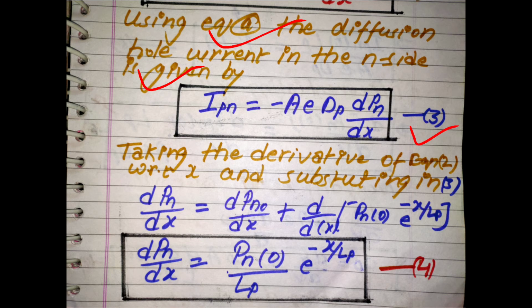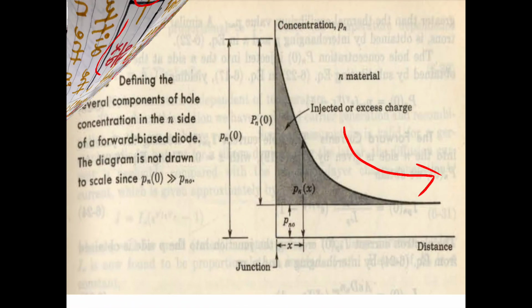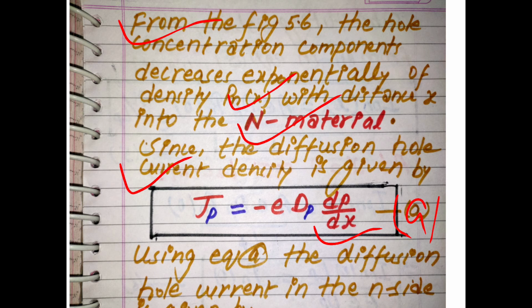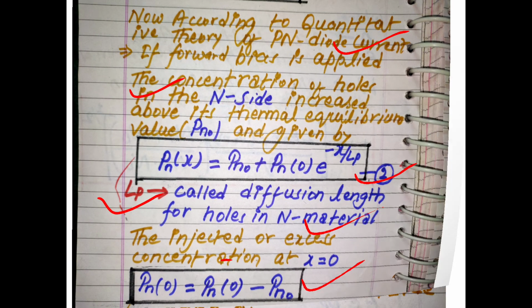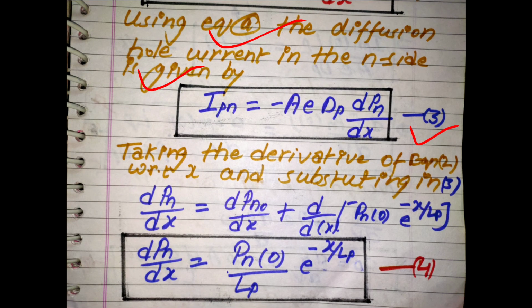Now we are going to take the derivative of equation number 2. So this is our equation number 2, and we take its derivative with respect to x.